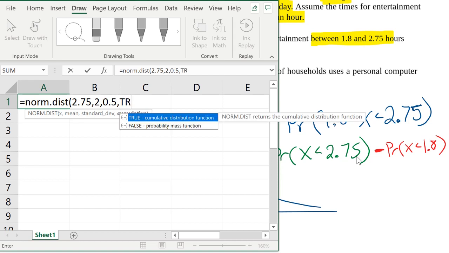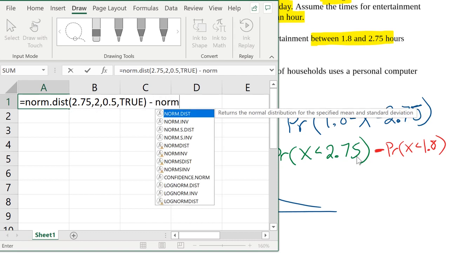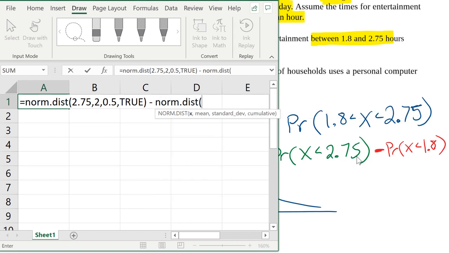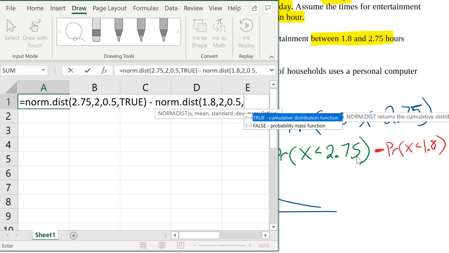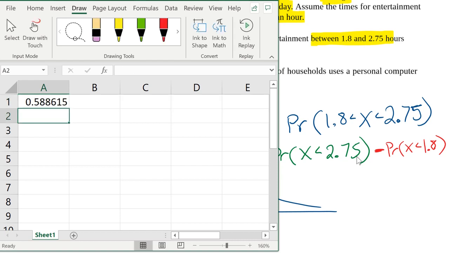Cumulative, you will always type true here. Take that, then minus norm.dist. Now X is 1.8, comma, the mean is 2, comma, the standard deviation is still 0.5, comma, true, always true for cumulative. Press enter and it'll give you the answer.